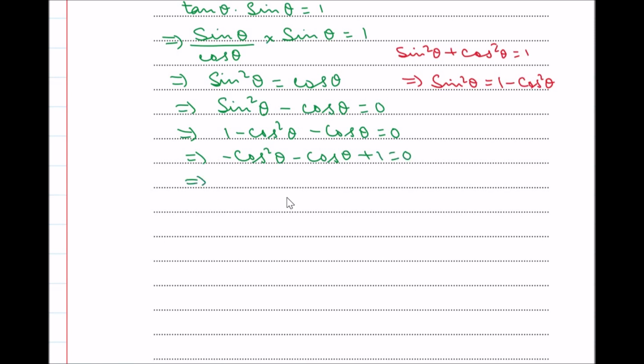First term generally should be positive. So to make the first term positive, I am going to multiply the whole equation by minus 1. Once you multiply the equation by minus 1, each term's sign will be opposite.